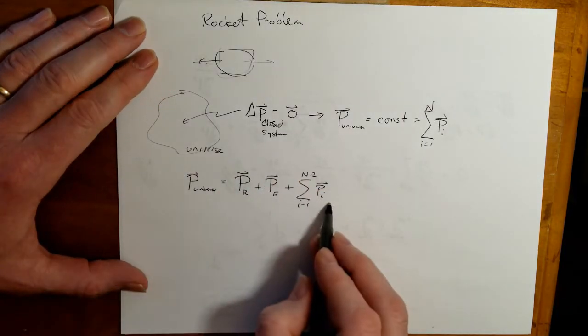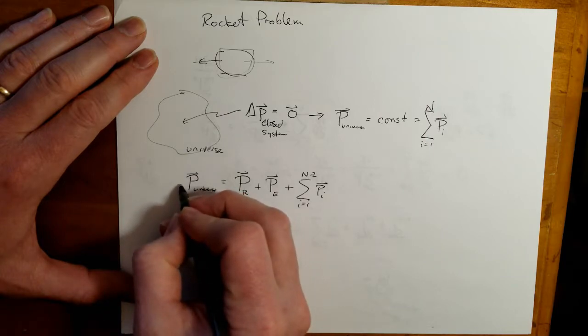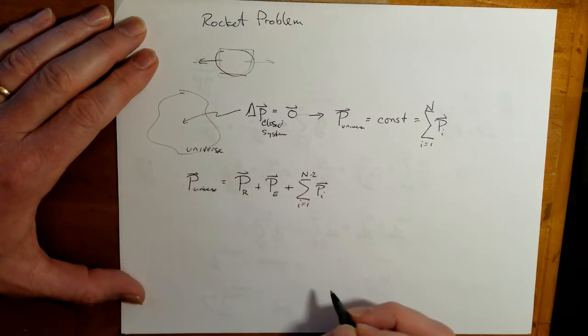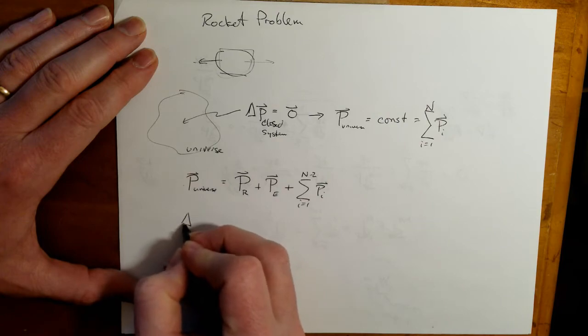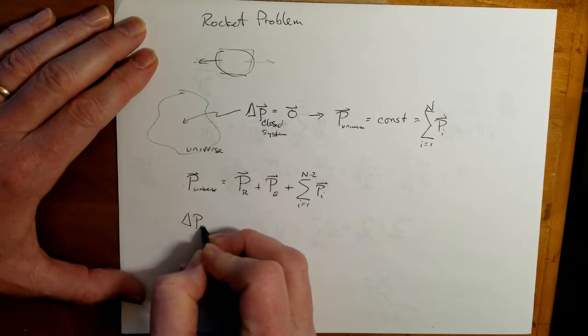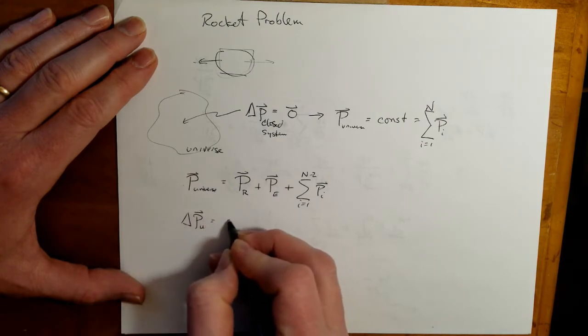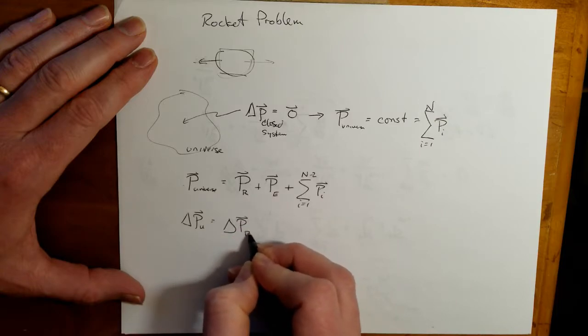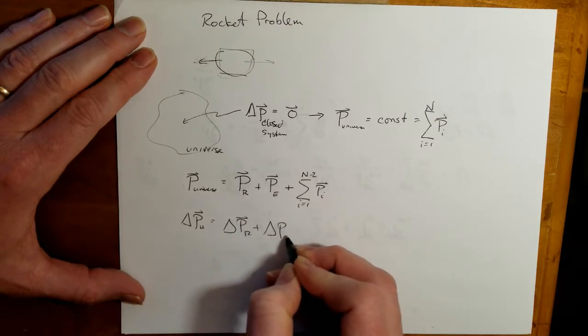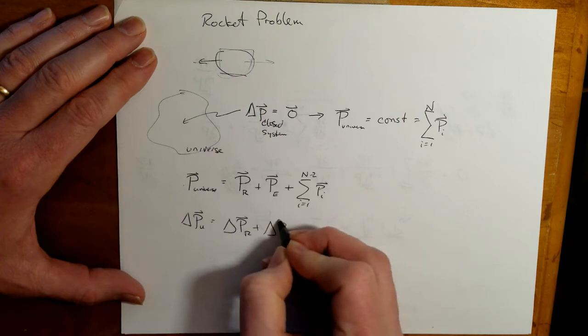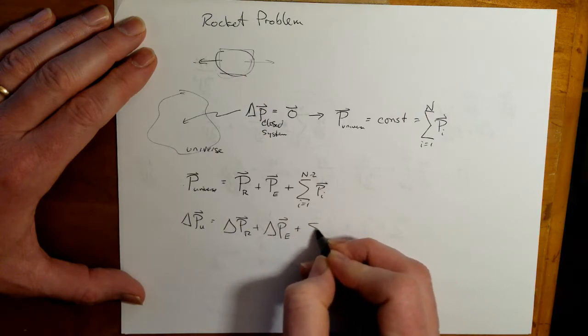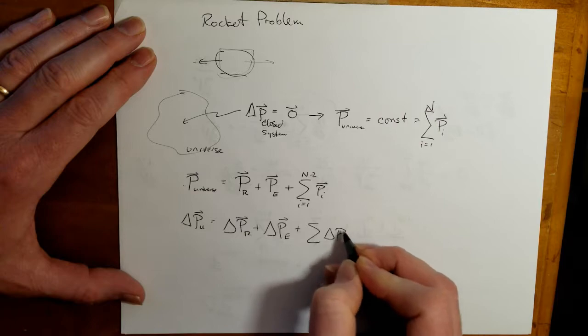If I look at the change in this, in the non-calculus version, this would be delta p, I'm just going to put u for universe, equal to the change in momentum of the rocket plus the change in momentum of the exhaust plus the sum of the change in the momentum of everything else.